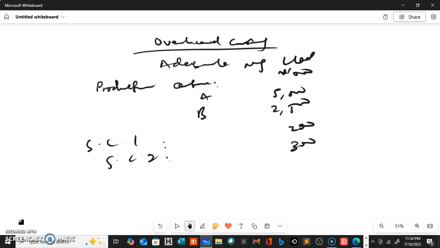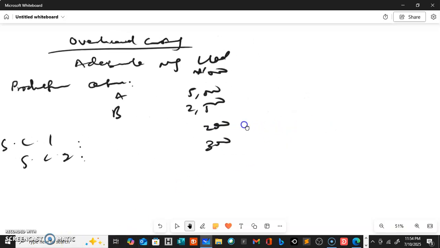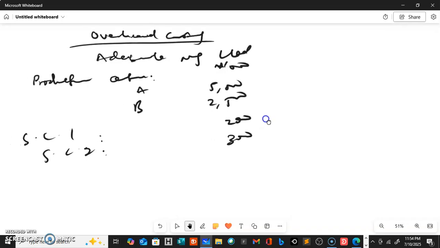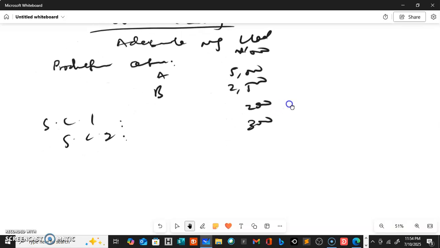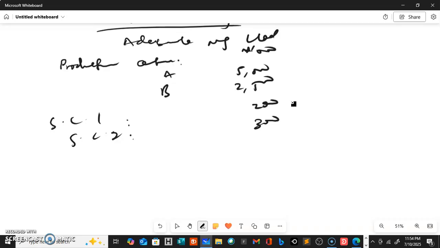Okay, so we're given the ratios by which we are to apportion these various costs. We are to apportion based on the following: A, B, service cost center 1 and 2.